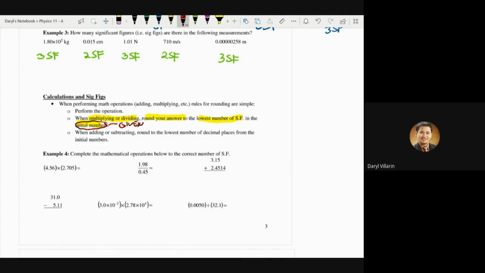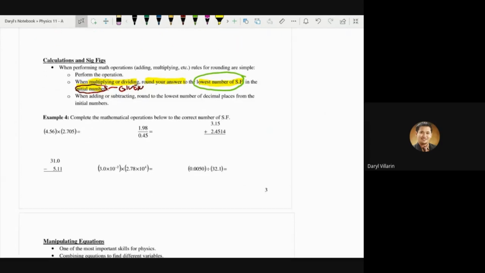Okay, so for multiplication and division, you follow the same rule. You try to express your final answer to the lowest number of significant figures. So that's the thing. But if you're adding or subtracting, well, in most cases, especially for formulas in physics, if you observe, most formulas are in multiplication or division operation.